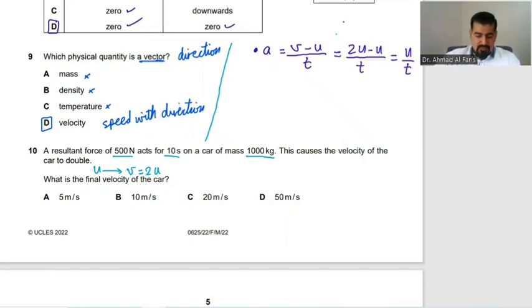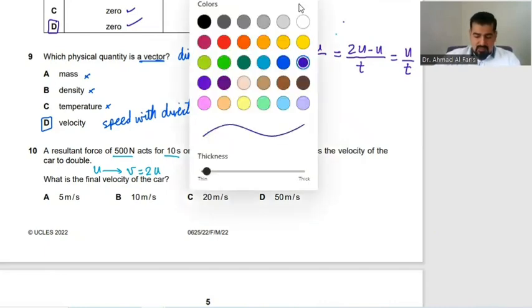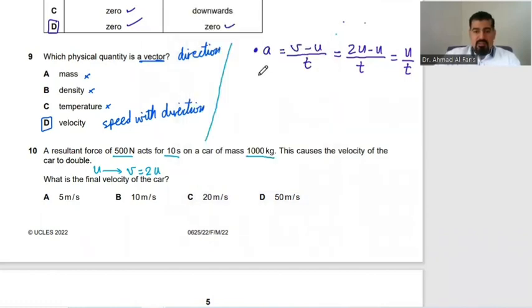Second step: I'm going to use the formula resultant force equals ma, where a is the acceleration. Then I will substitute it here.